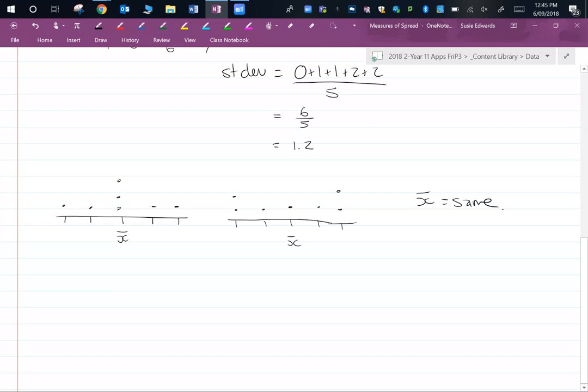Which one has the highest standard deviation? The second one, because there's more points which are further from the mean. So this one has the highest standard deviation. This one has the lowest standard deviation.